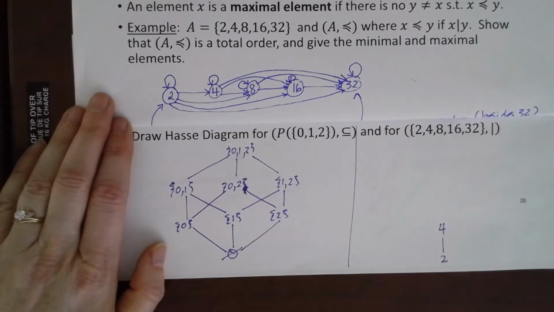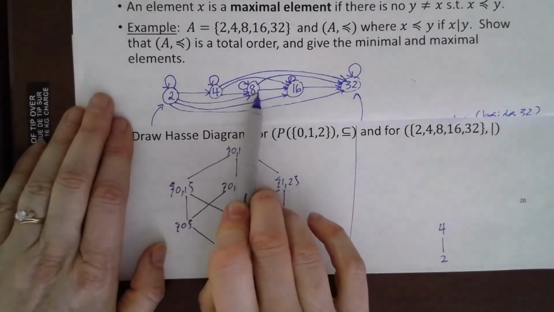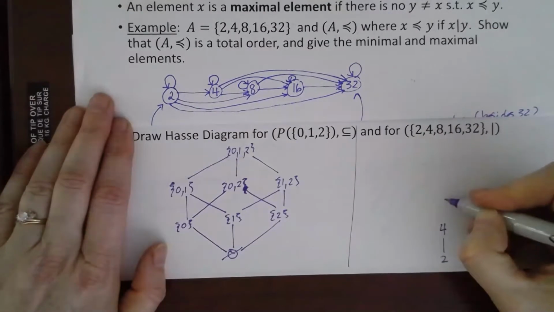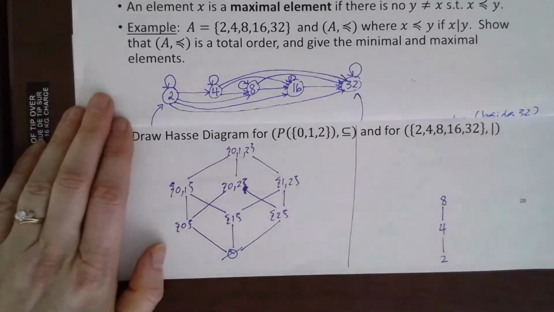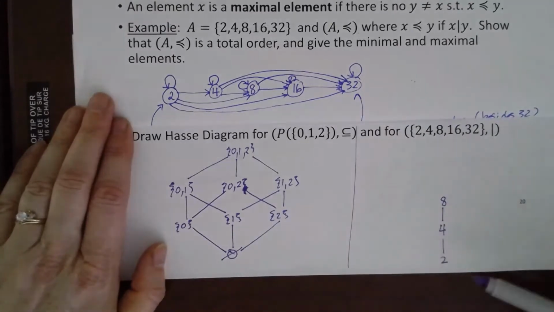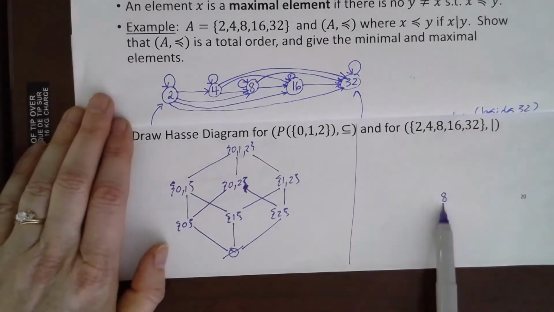And then the next number we have to consider is 8. Well, 4 divides 8, so 8 has to appear above 4. So 8 is going to have to go up here above 4. 4 divides 8. It's related to it. So I'll put that edge in. But I'm not going to put the edge from 2 to 8. That's implied because I have this upward path from 2 to 8.